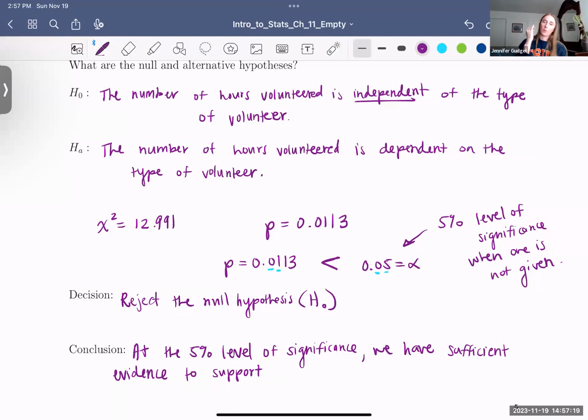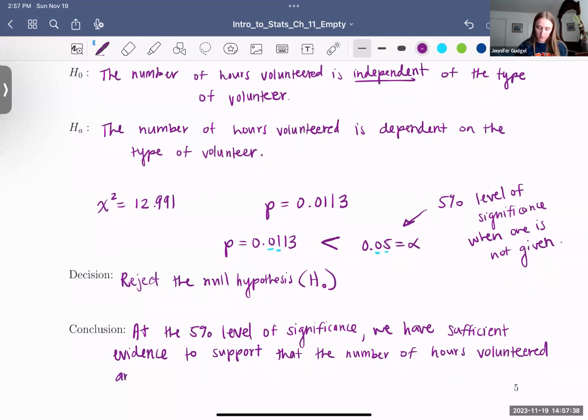So we say to support that the number of hours volunteered and the type of volunteer are dependent on one another. Dependent, okay, on one another.